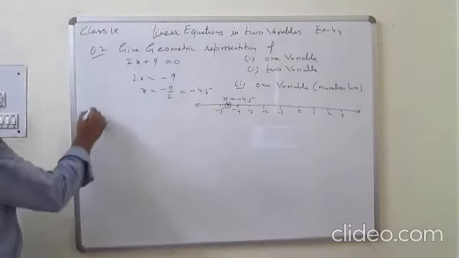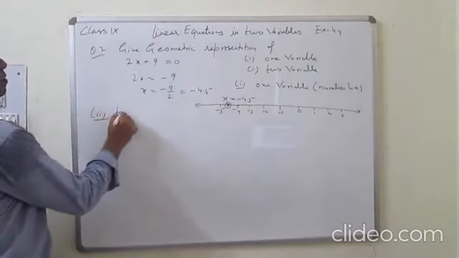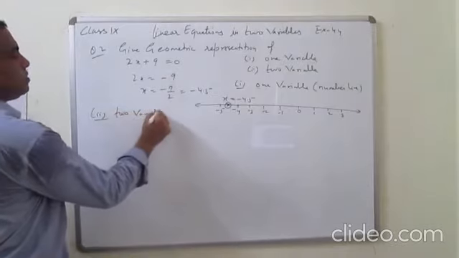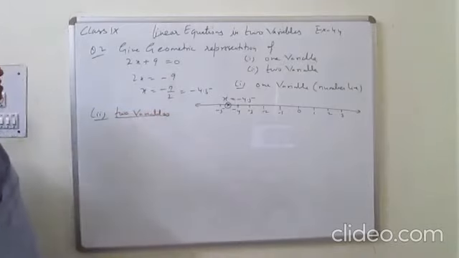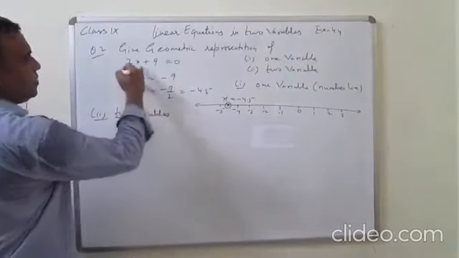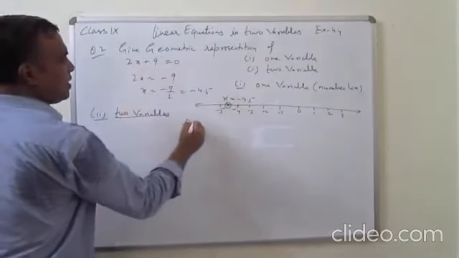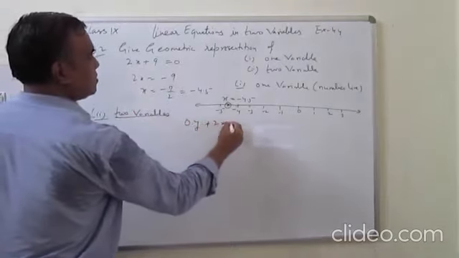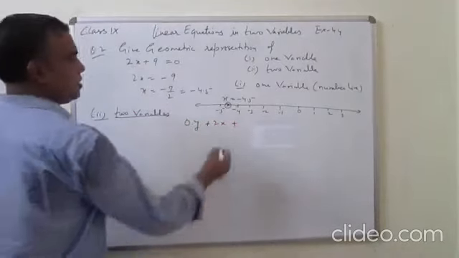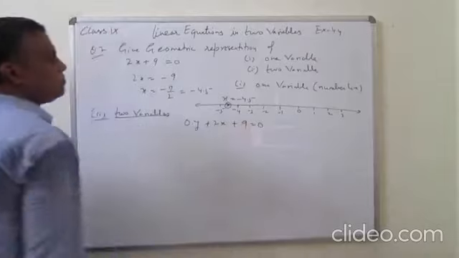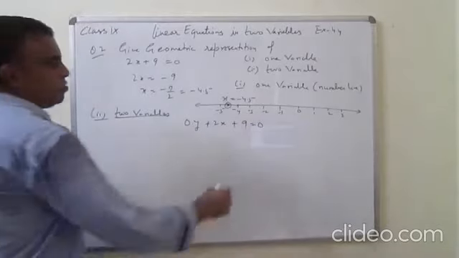Now in two variables, first we write it in the form of ax plus by plus c, so we can write 0y plus 2x plus 9 is equal to 0. You can make a table also if you want.